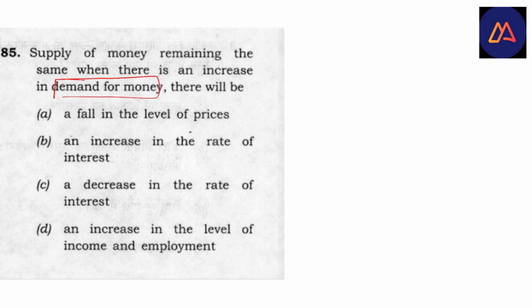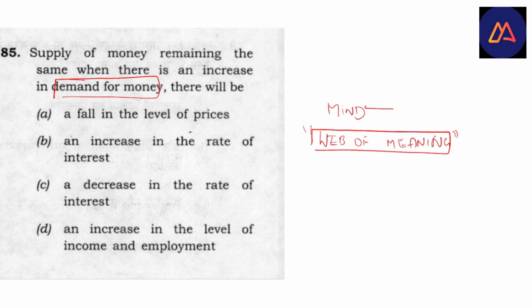I keep saying this: human beings operate based on a web of meaning. If in your mind you can put in 100 things, let us assume I fill your mind with 90 things related to current affairs.